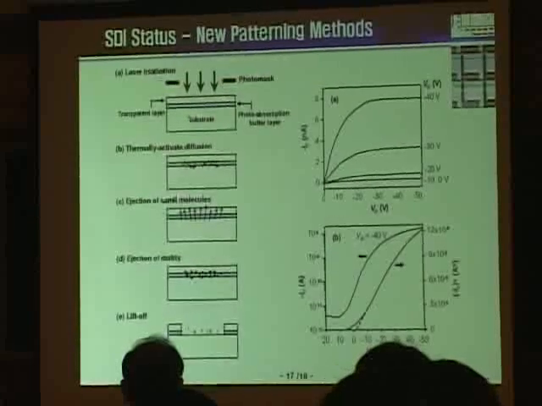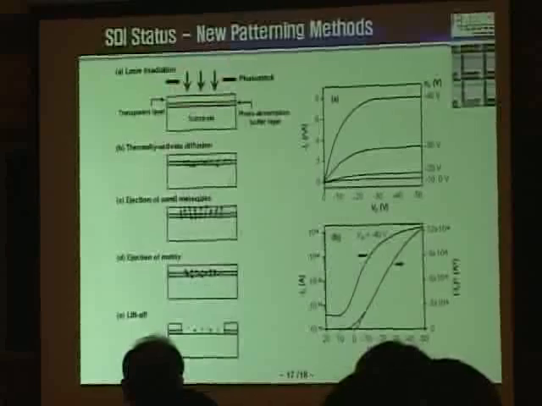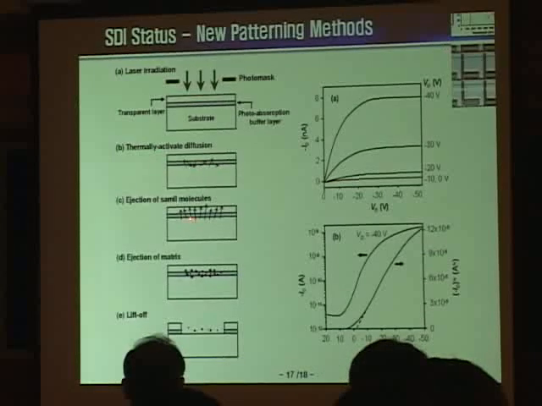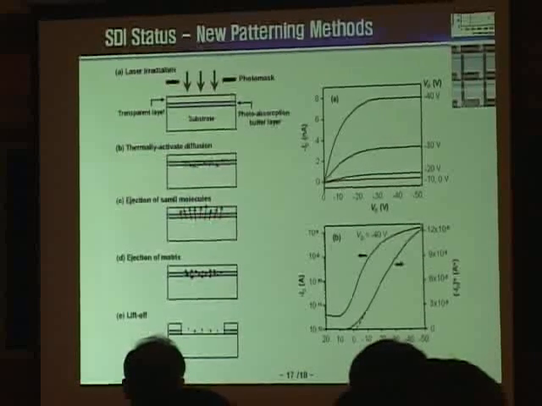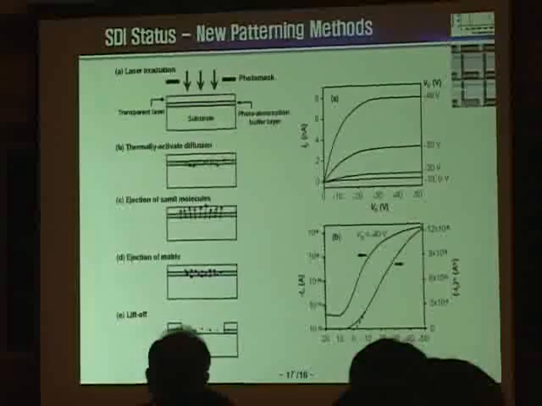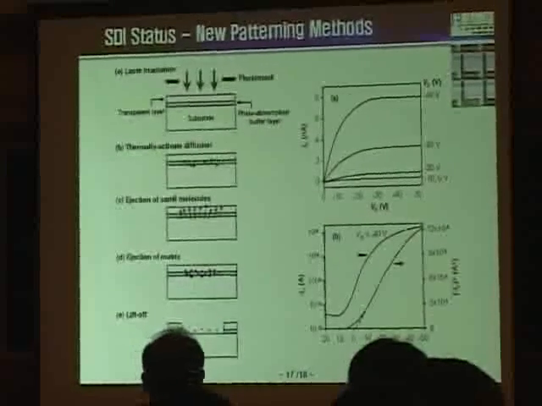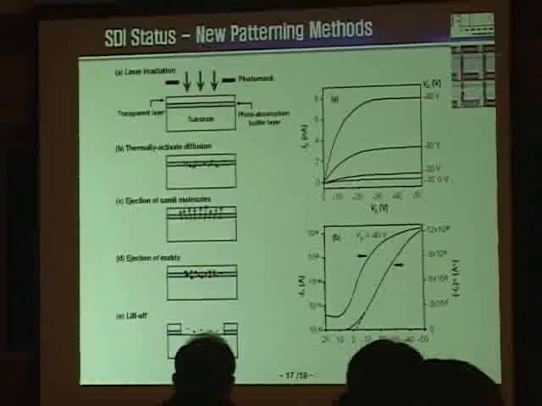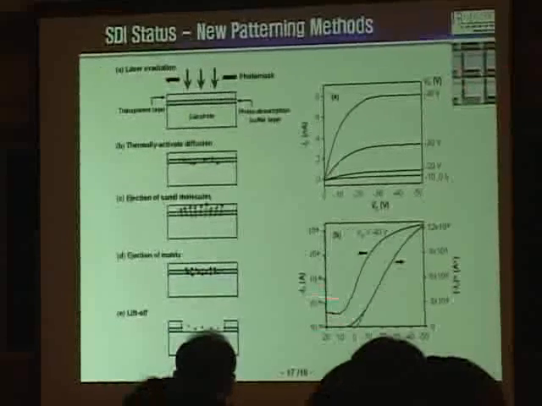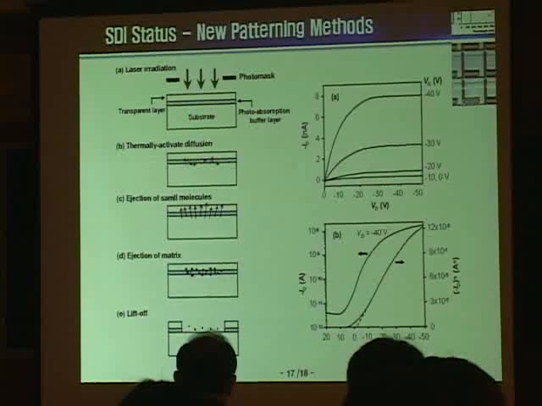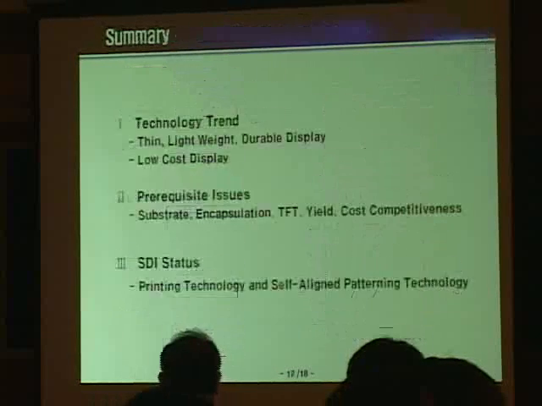If you do laser ablation from the top, it will thermally activate this layer, and then it diffuses into the Cytop layer, and then the lift-off process can occur. From this procedure, we successfully obtained the patterned image like this, and we obtained relatively good off-current behavior on our devices. Next slide, please.